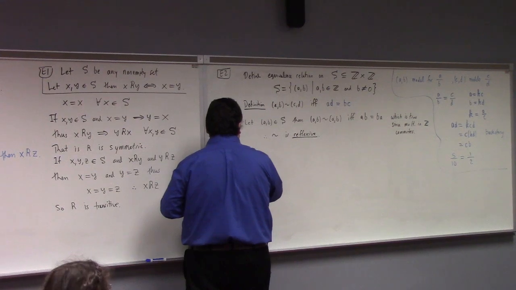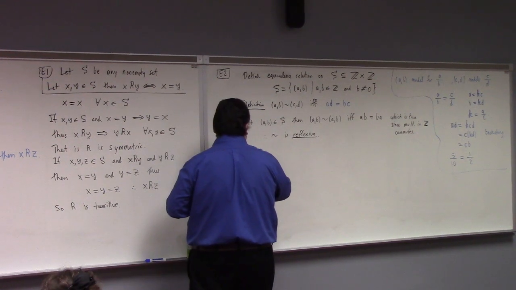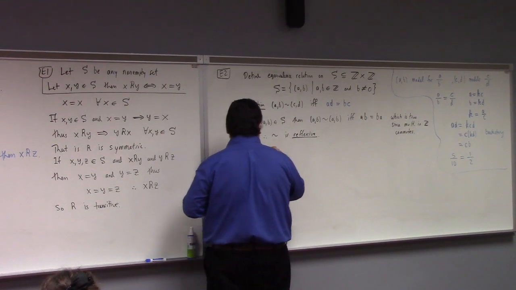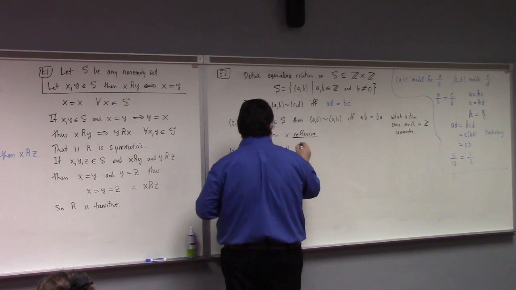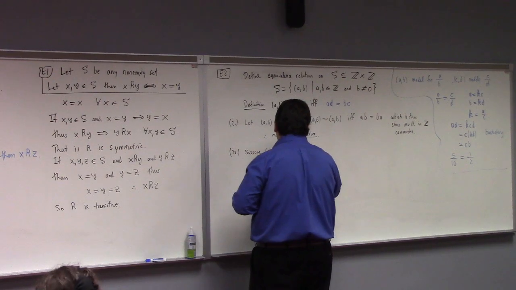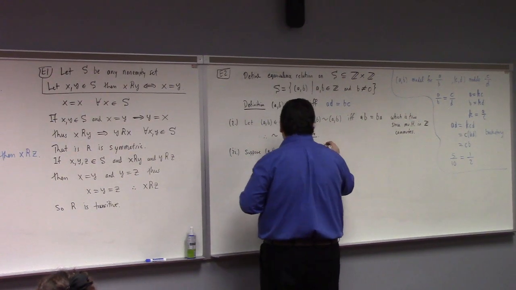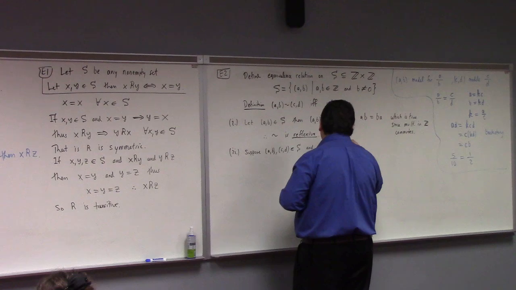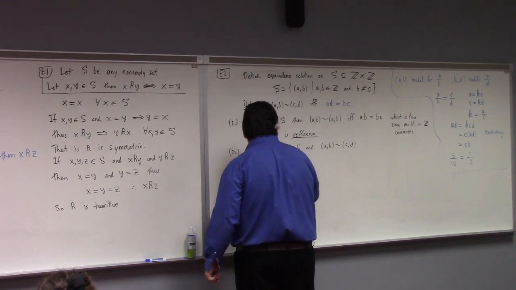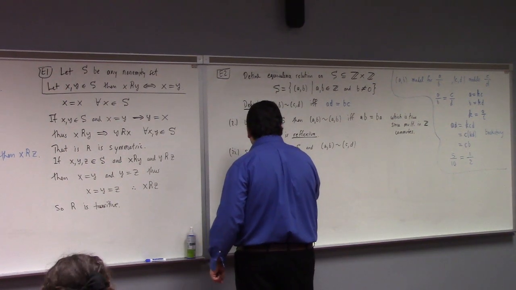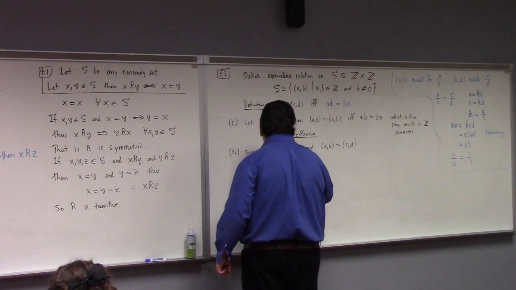Number two, suppose that we have A, B, C, D in S, and (A, B) is equivalent to (C, D), right? Then, by definition, we have AD is equal to BC, which implies what?